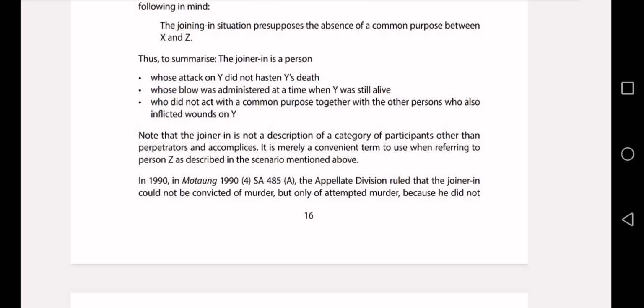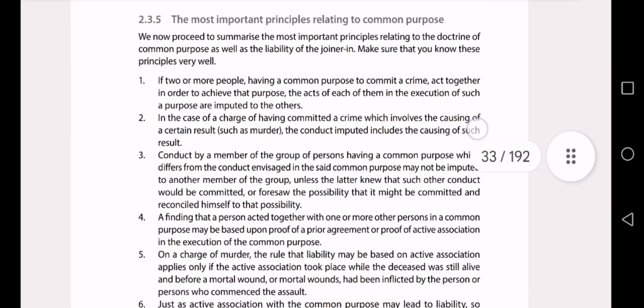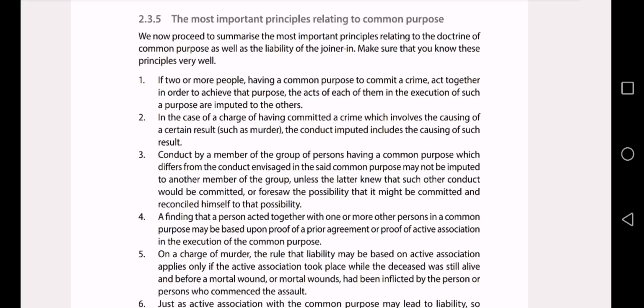The most important principles relating to common purpose. We are now proceeding to summarize the most important principles relating to the doctrine of common purpose, as well as the liability of the joiner-in. Make sure that you know these principles very well.